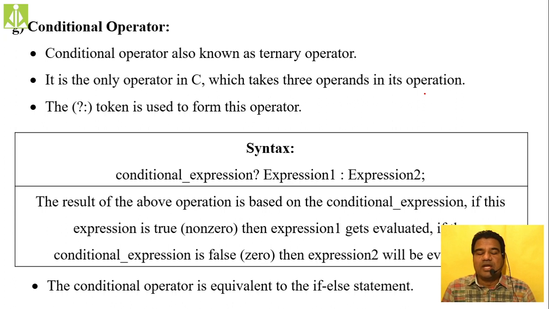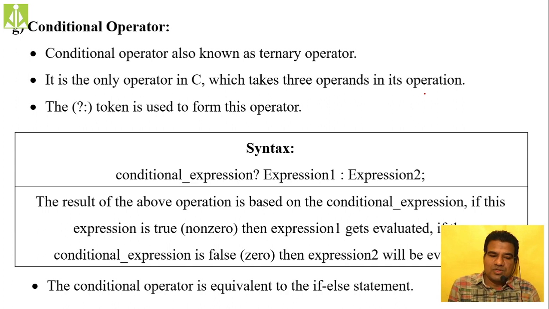Unary operators take only one operand, binary operators take two operands, but this conditional operator is a ternary operator and takes three operands.